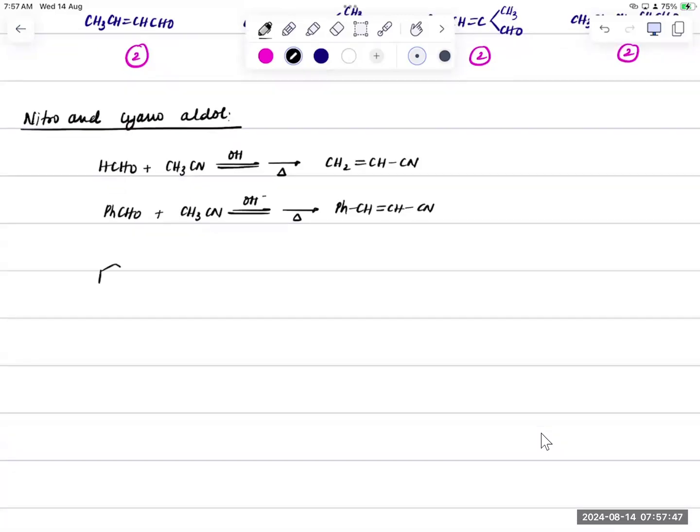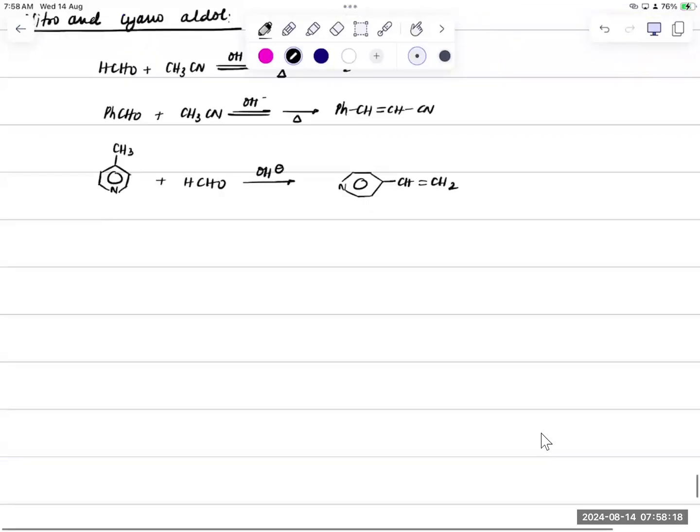Next, suppose you have pyridine with CH3 on this, and this is being treated with HCHO in the presence of OH minus. Here also you will notice that the CH3 will form CH2 minus, and that will go attack here. So what is the product I'll get? I'll get pyridine here like this with CH=CH2.